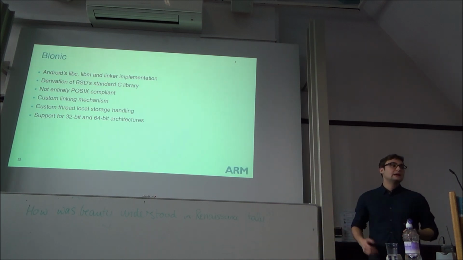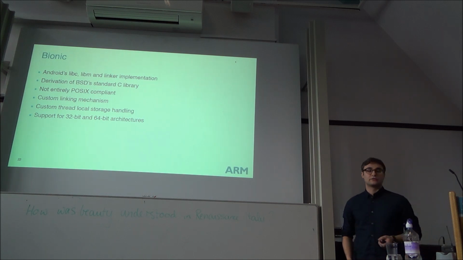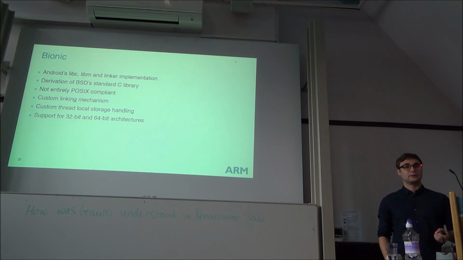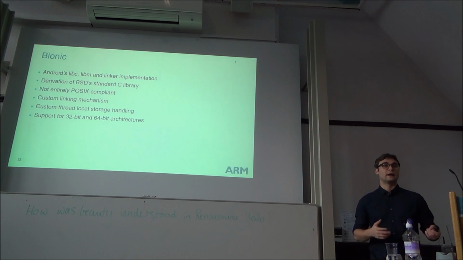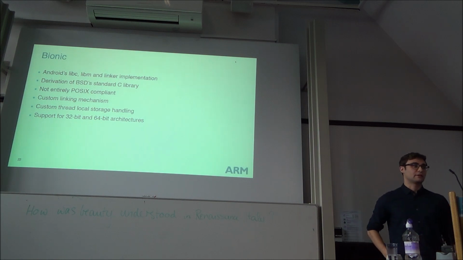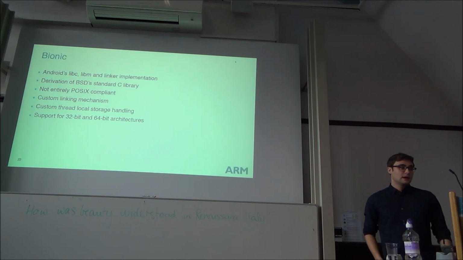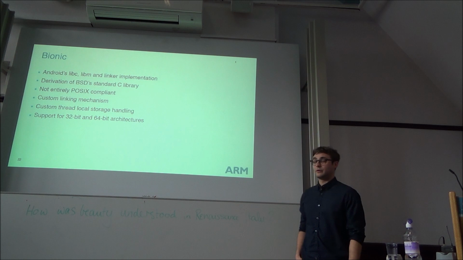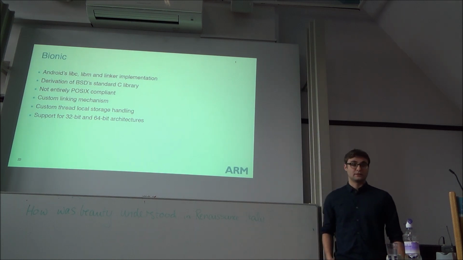It has a custom linking mechanism and a custom thread local storage handling. This is mostly to speed up things in Android. So when you draw to the screen, you actually use some of this specialized thread local storage handling. And today it has support for 64-bit and 32-bit architectures.